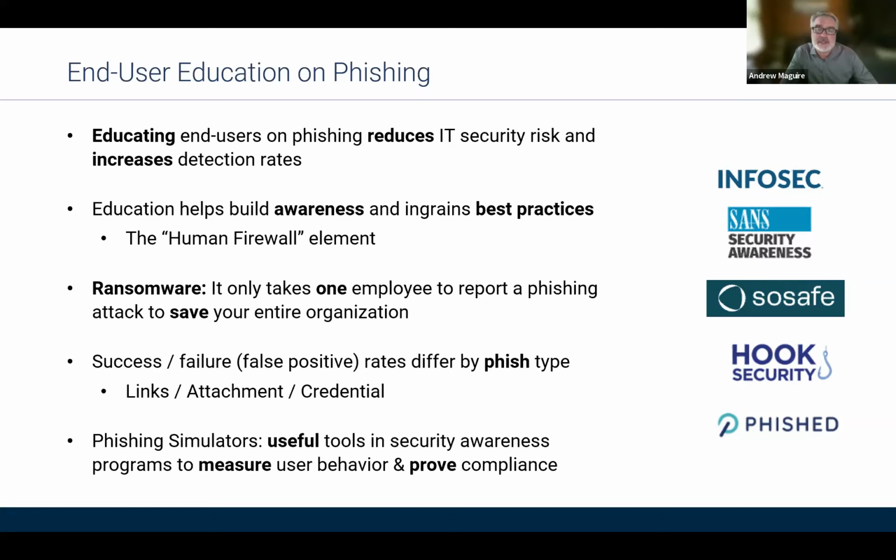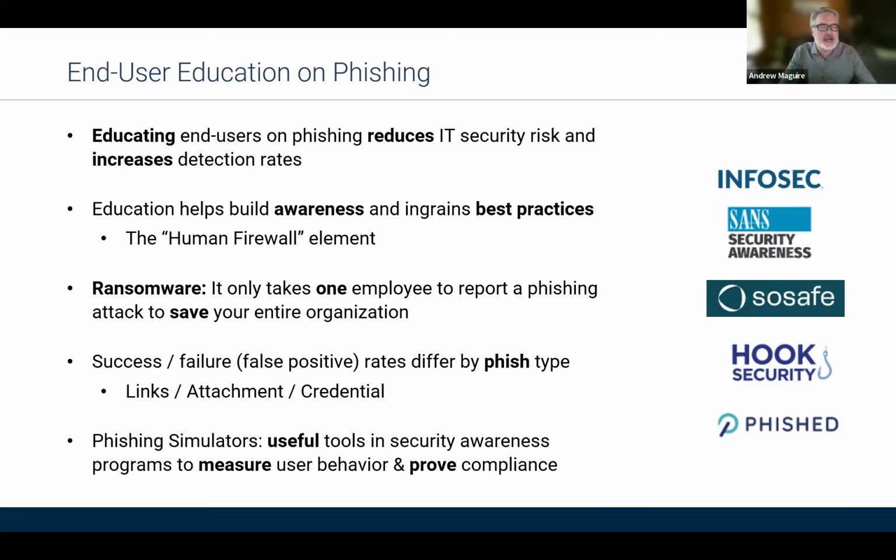But there is quite a significant difference in the success and failure of these phish types. So if you do use one of these phishing simulations, you'll see that credential harvesting is one of the harder attacks to go through to a certain extent, because there is that second challenge, that authentication challenge, that gives people pause and think, I clicked on the link, do I really need to submit my credentials?